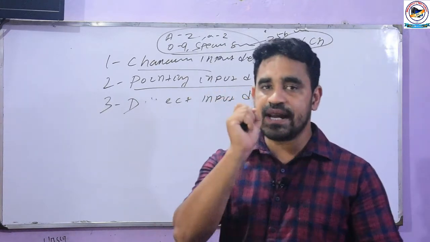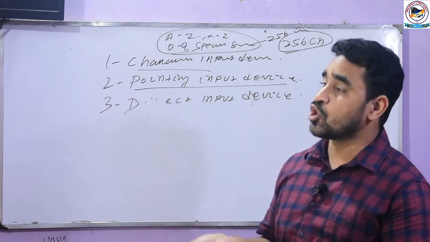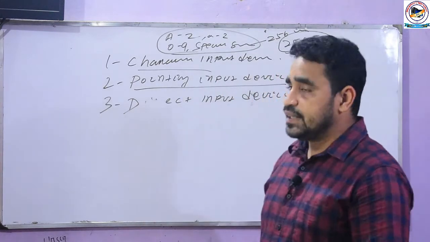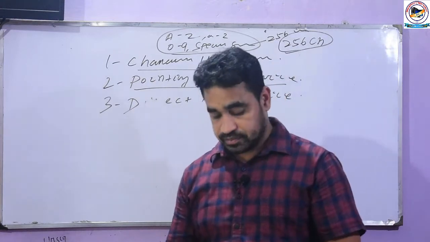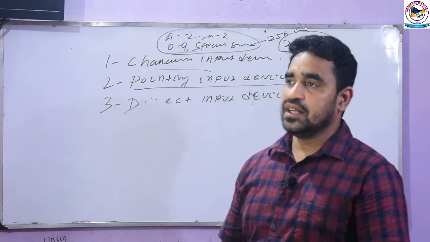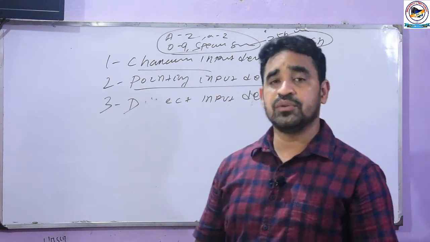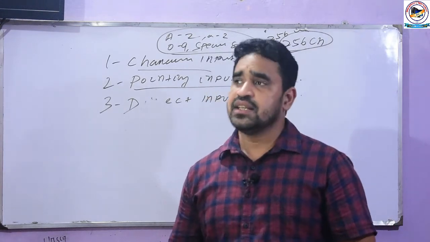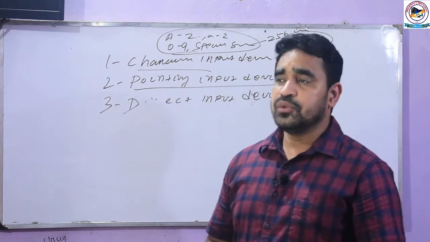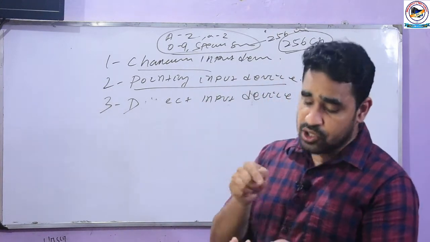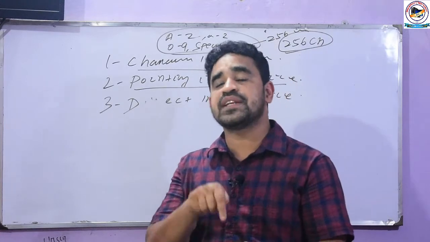It emits light from the tip of the pen and points on a specific location to execute the task. Then another is the touch screen. In different sectors like an ATM or any machine where we deposit cash, and in the mobile, we use the touch screen. A touch screen contains a sensor on the screen and we touch it to execute a specific task.